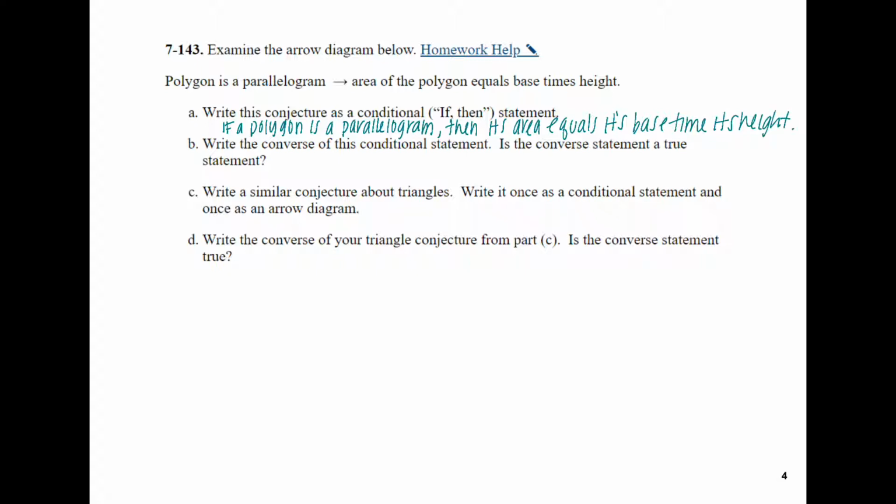Write the converse of this conditional statement. Is the converse statement true? So if the area of a polygon is the base times the height, then the polygon is a parallelogram.